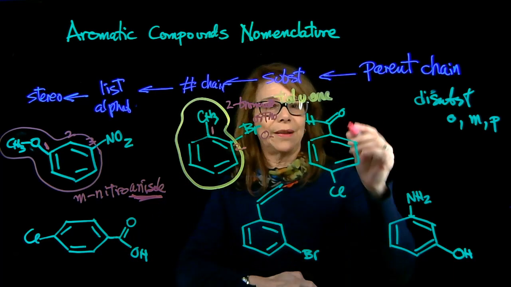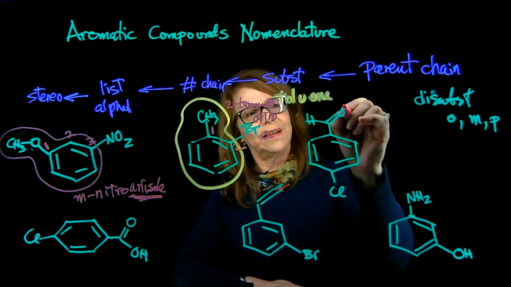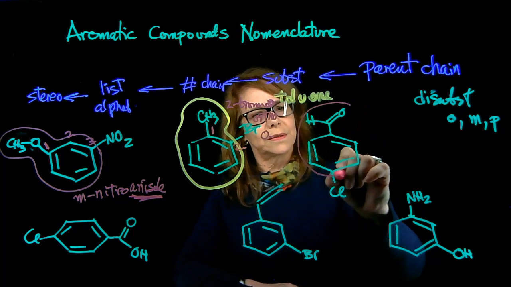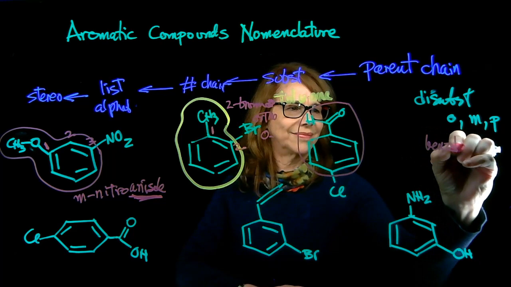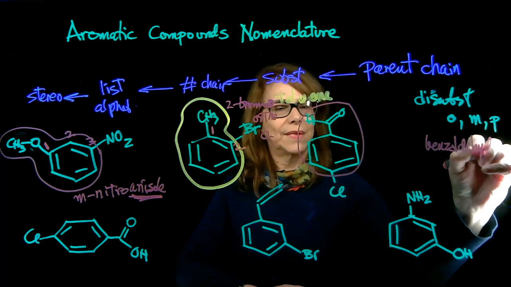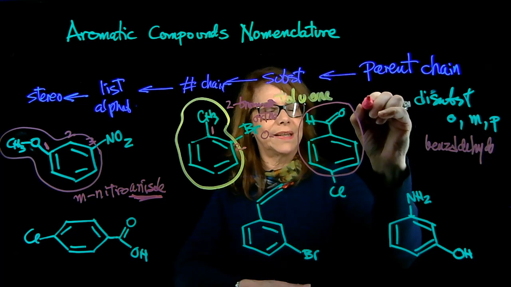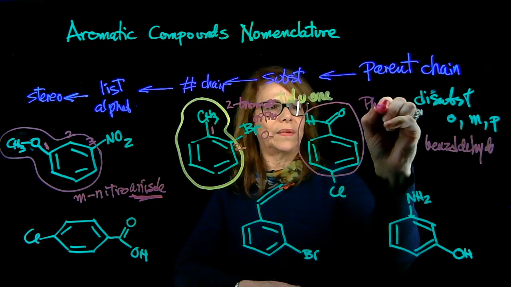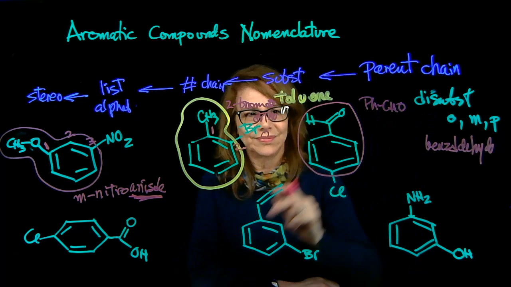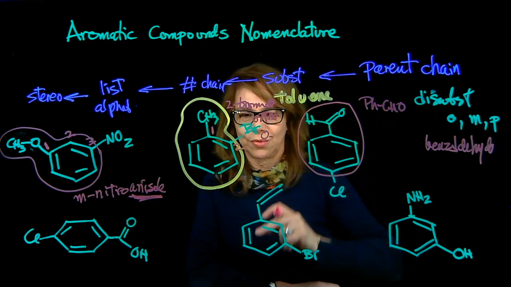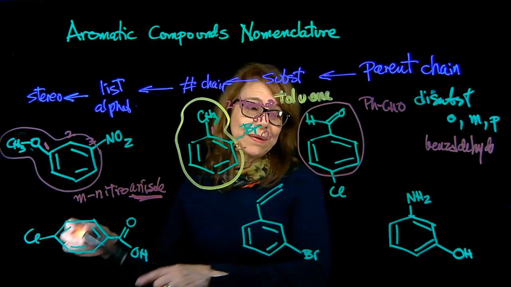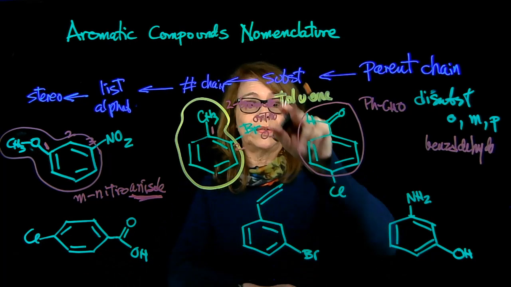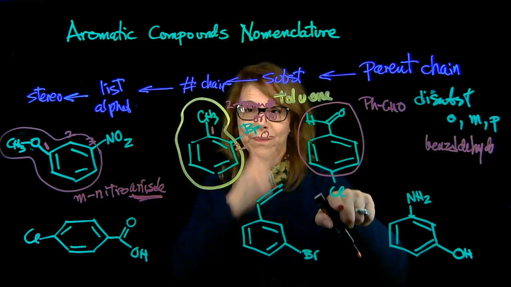Now let's do this one over here. Again, choosing the parent chain first. So this, with its substitution, is benzaldehyde. You may see this written, for example, as CHO, abbreviated, in case you see it like that. So the next step is that we need to see what the substituent is. The substituent is chloro, and where is that?